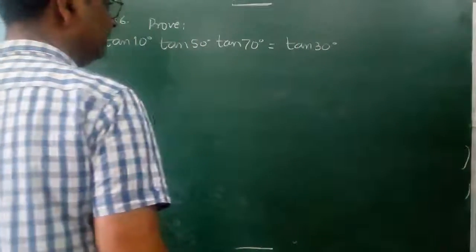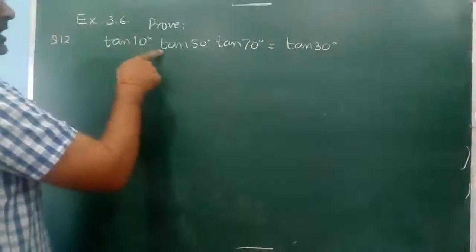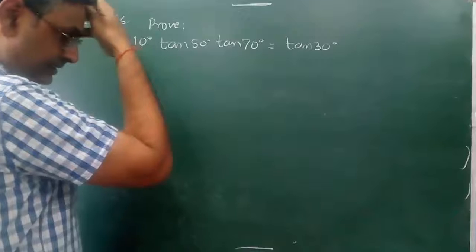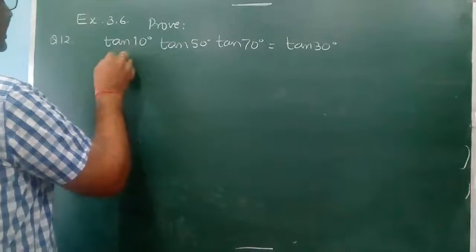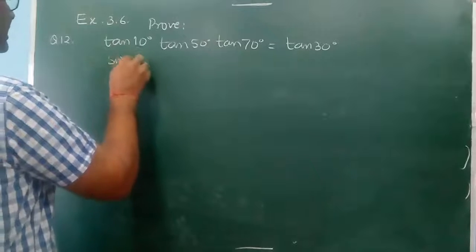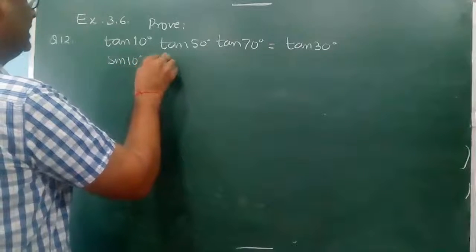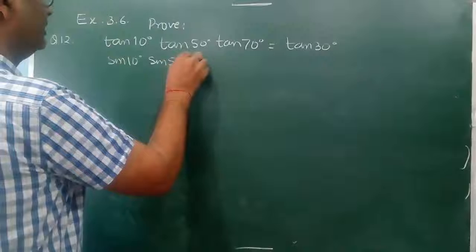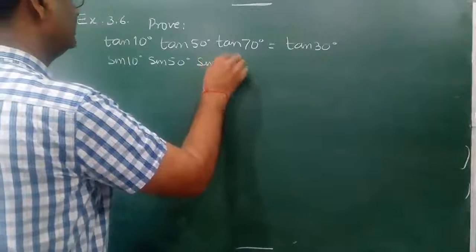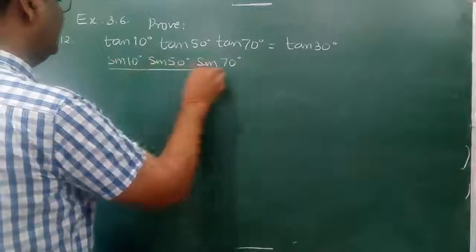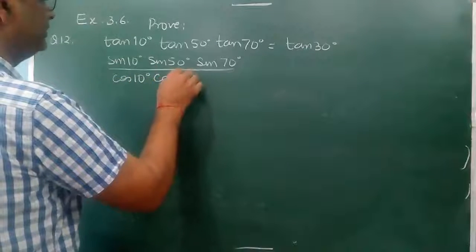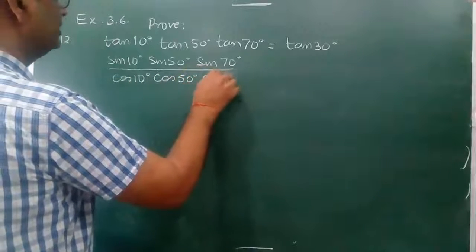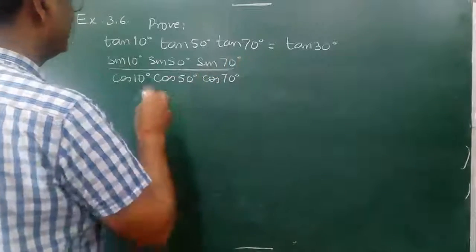This we have to prove. We know that tan is sine theta by cos theta. So here this we can write as sine 10 degree, sine 50 degree, sine 70 degree upon cos 10 degree, cos 50 degree and cos 70 degree.